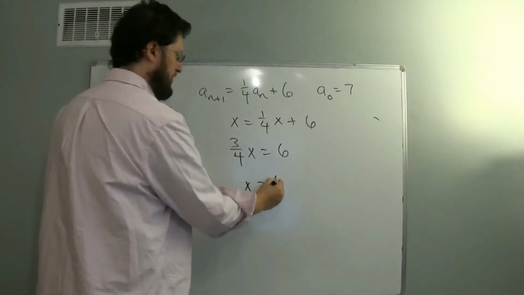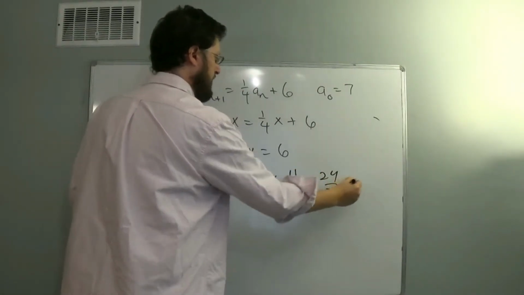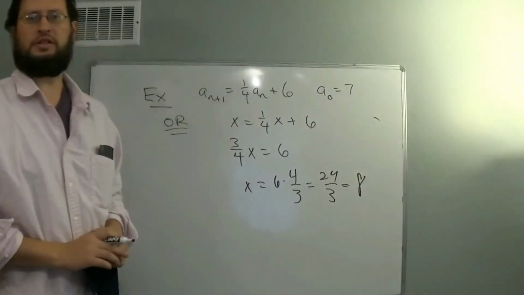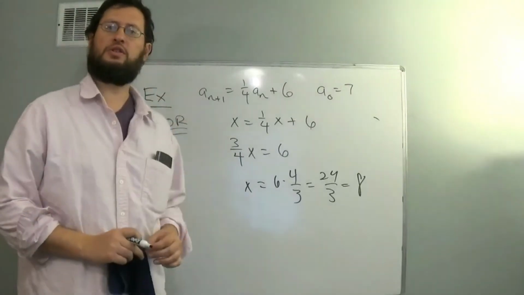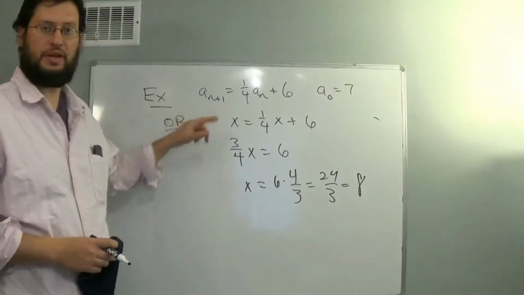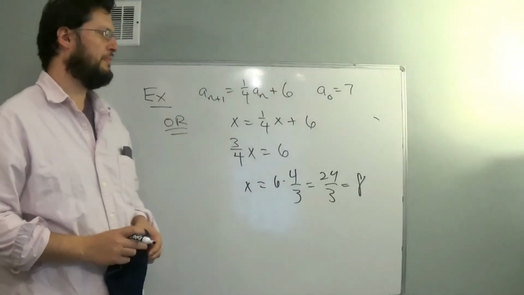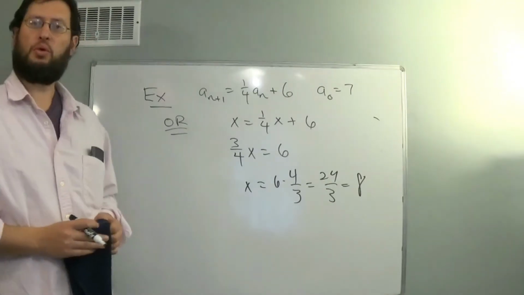So x is equal to 6 times 4/3, which is 24/3, which is 8, which is exactly the same limit that we came up with by writing out a bunch of terms and looking for a pattern, and then doing some algebra. This is much easier in the end. But hopefully putting the two together convinces you that they're both reasonable ways to approach the problem.